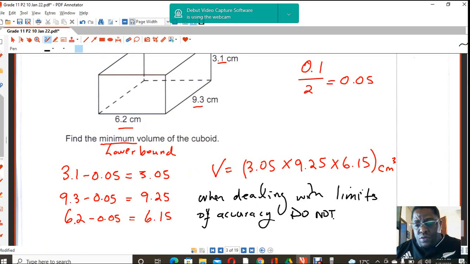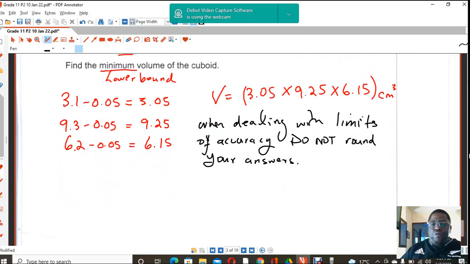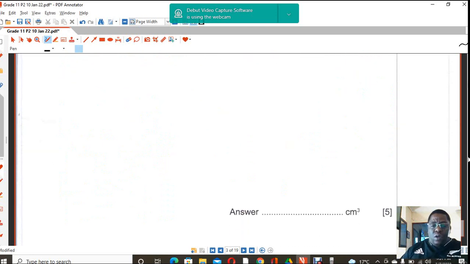Do not round your answers. So we expect you to write that full calculated display on that space. You see, it's a whole 5-mark question. So the full calculated display as it was there.